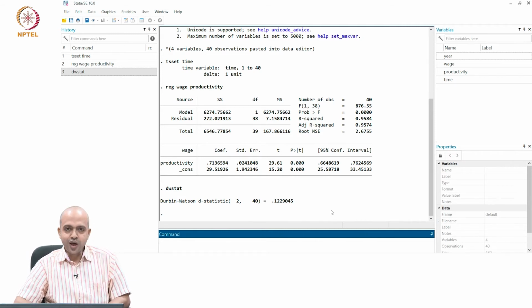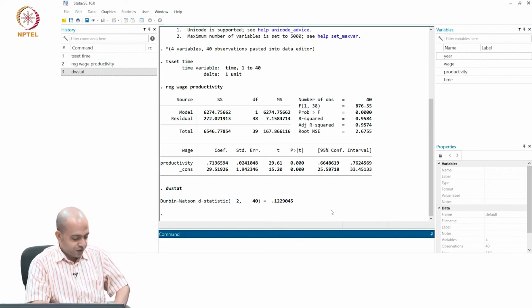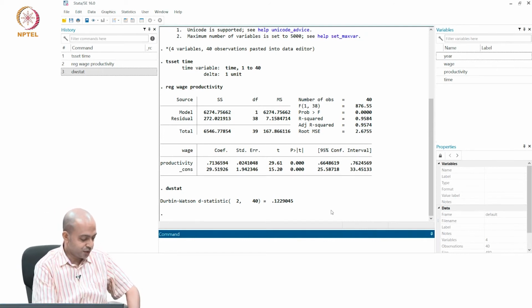Now, if you go back to the Durbin-Watson table, and if you specify n equals 40 and k equals 2, then you will see your DL value. Immediately you have to go to the table.